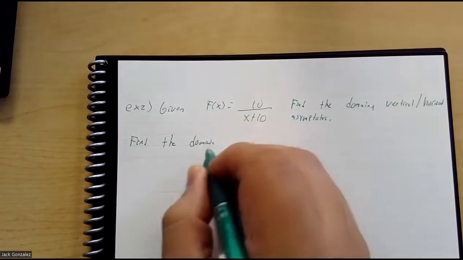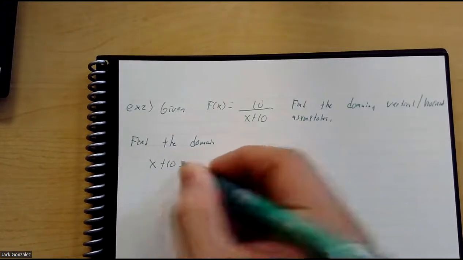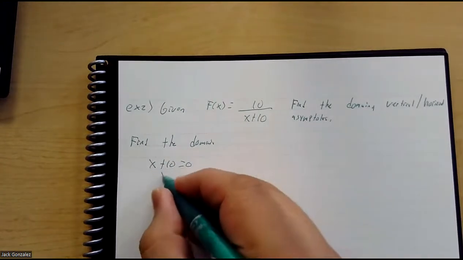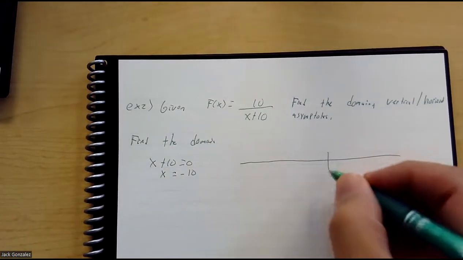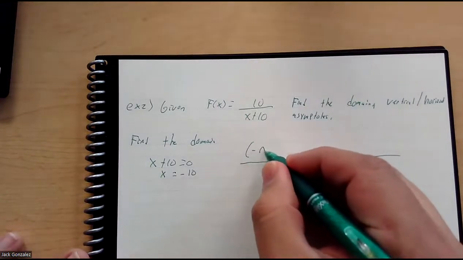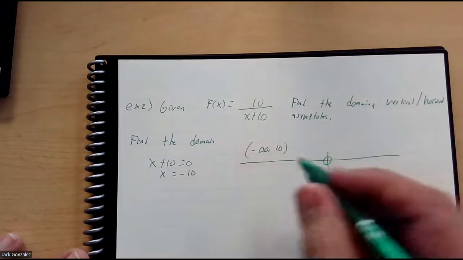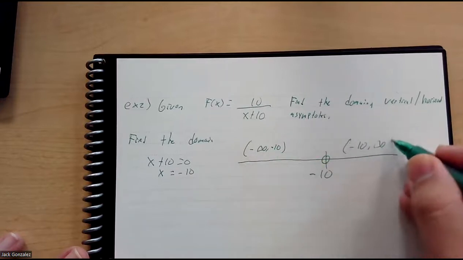In order to do so, set the denominator equal to 0. Solve for x. So we know that this is the only problem area that we have. So just create an interval before and after, and then just glue it together. Negative infinity until negative 10, negative 10 until infinity.